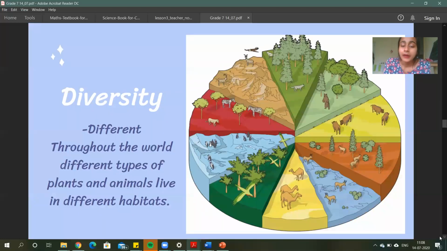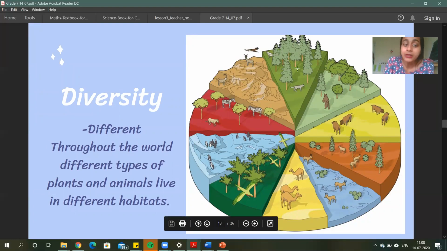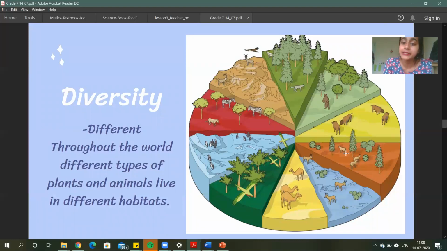Now, all around the world, there are many different types of environments. So there is a diversity in the environments, and hence there is a diversity in the different kinds of animals and plants that live in them. A camel will usually be found in a desert.